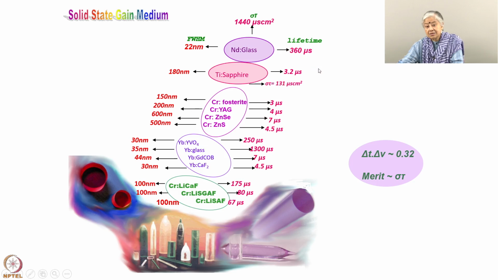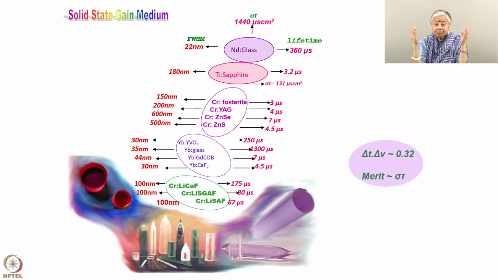So what does the lifetime of an upper lasing level signify? The lifetime signifies that if it stays in the upper lasing level for a longer time, it can store the energy that you have put in through pumping for longer and longer. The energy can be stored for a longer time, and that is an asset.